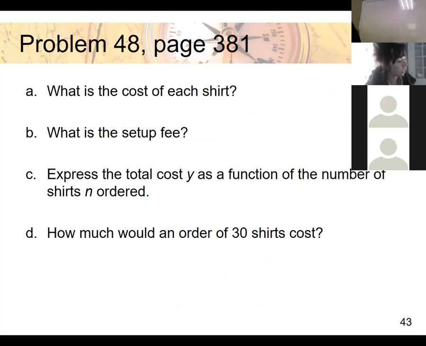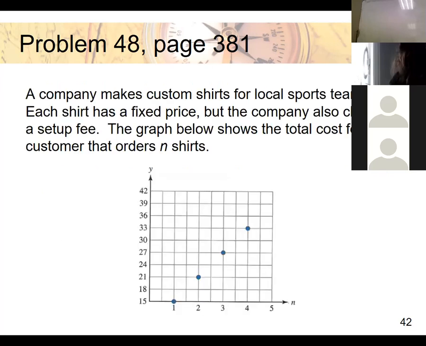What is the cost for each shirt? So let's go back to that graph. So we're going to find the cost for each shirt. It'd be $6 because for 1 shirt, the total cost is $15.